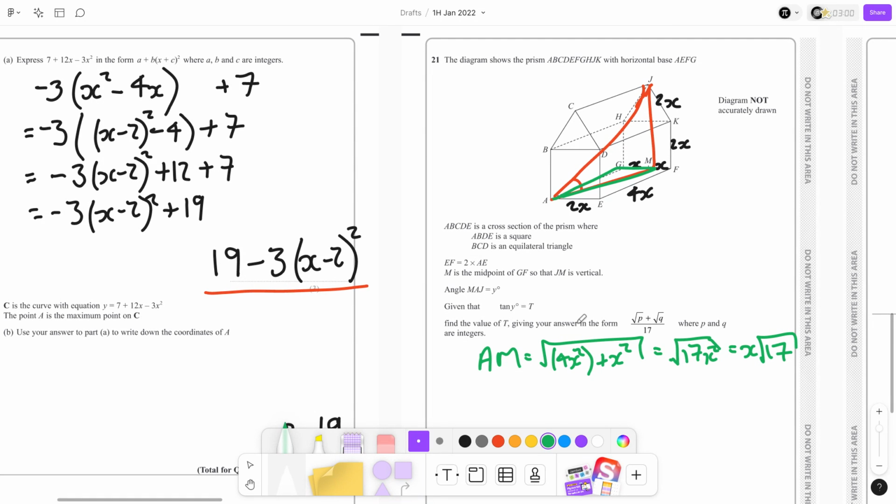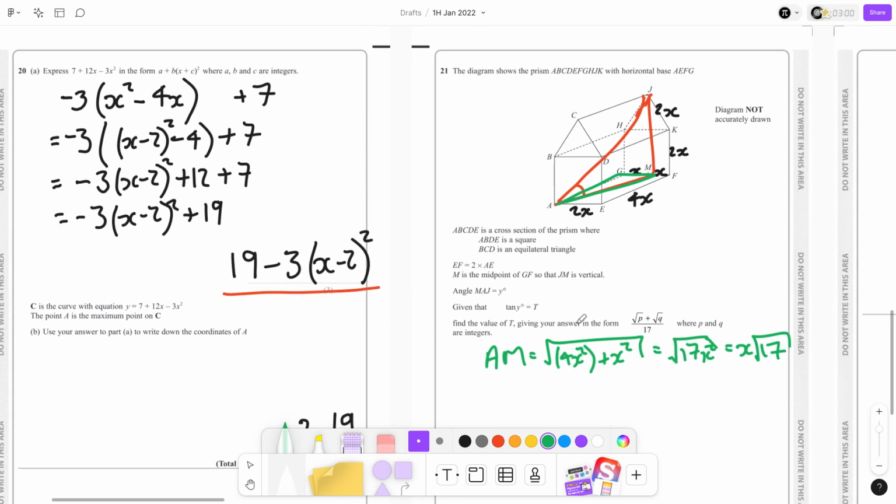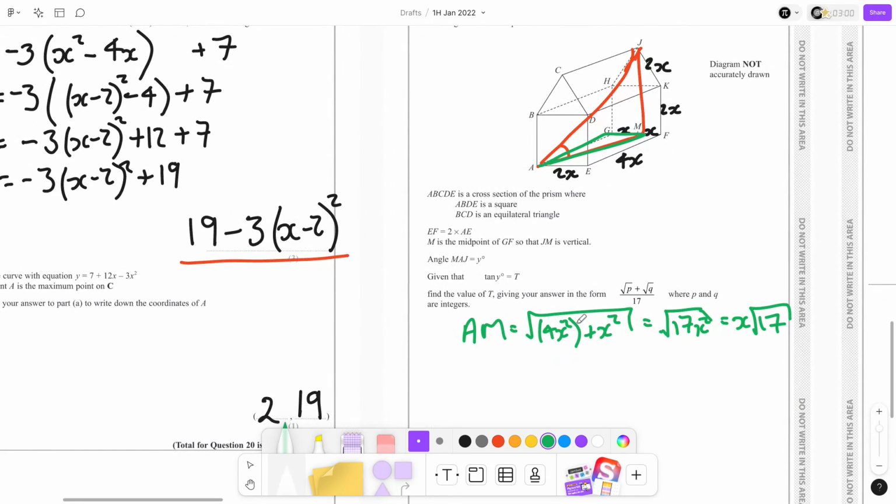Okay, then so that's AM, that's at the bottom. Then we want to work out the vertical one, JM. So JM is, well, we've got 2x, and then we've got this triangle here where that is x and the diagonal is 2x, and we want the vertical height, so that's the square root, again using Pythagoras, 2x squared minus x squared.